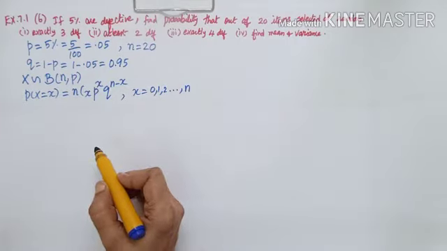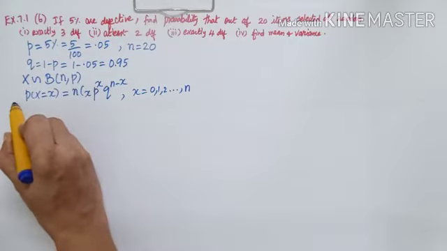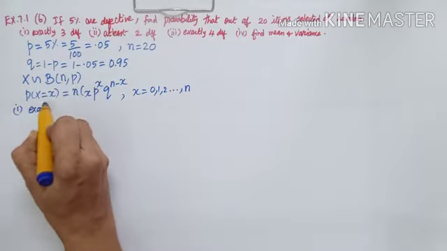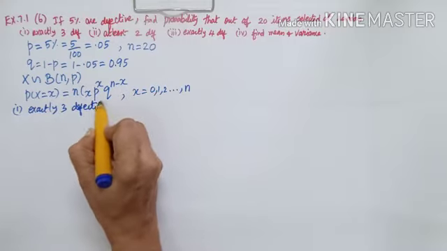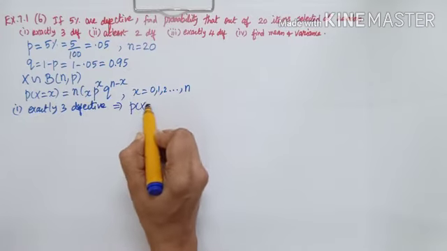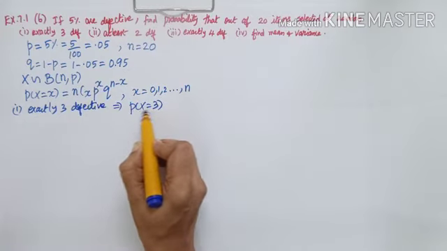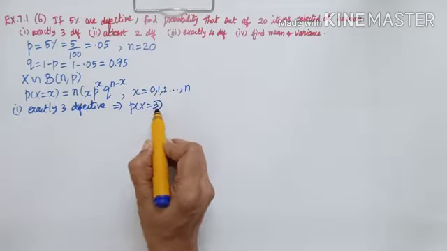What is X? This X is the question. My question is exactly 3. The word exactly 3 defective tells me X is equal to 3. So I need to find P of X is equal to 3.